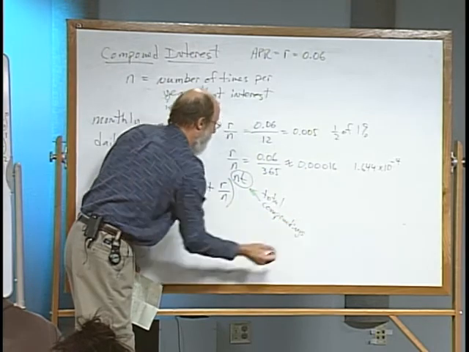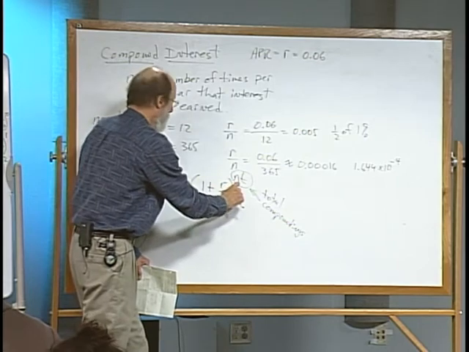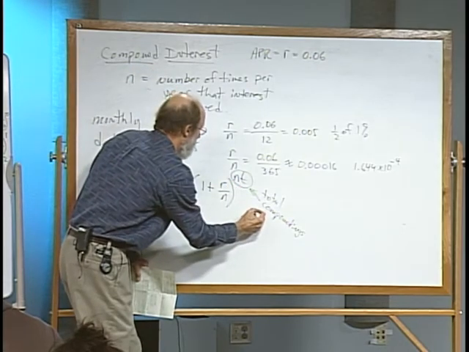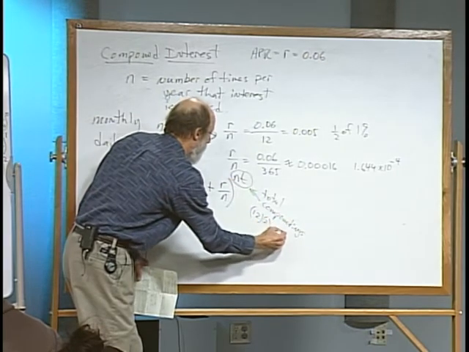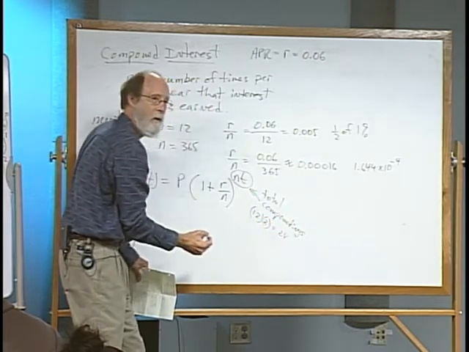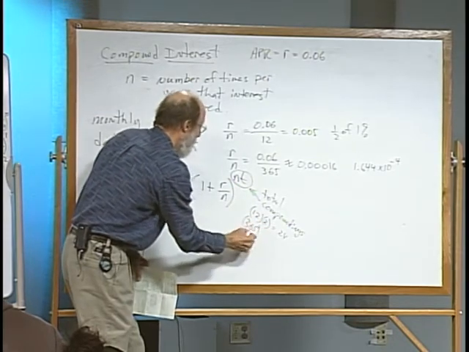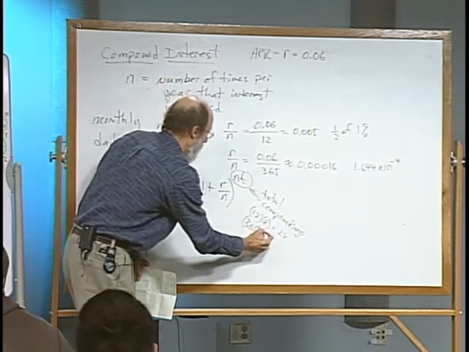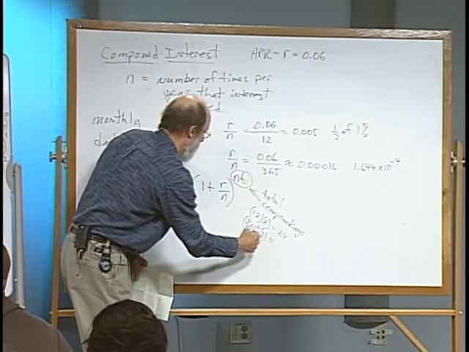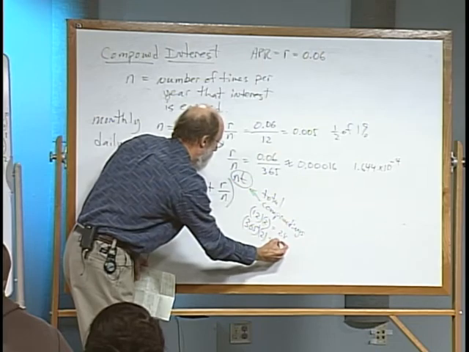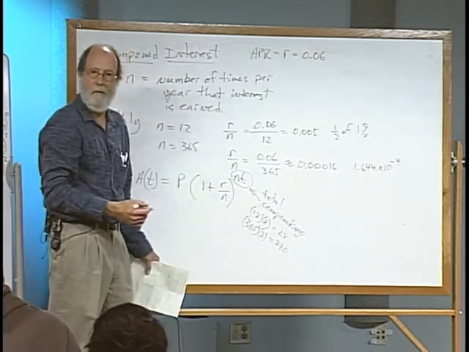Now we'll do something with some numbers here in a second. So if this was 12, and you left it in for 2 years, you'd be getting 24 compoundings. If it was 365, daily compounding, for 2 years, you'd be getting 730 compoundings.